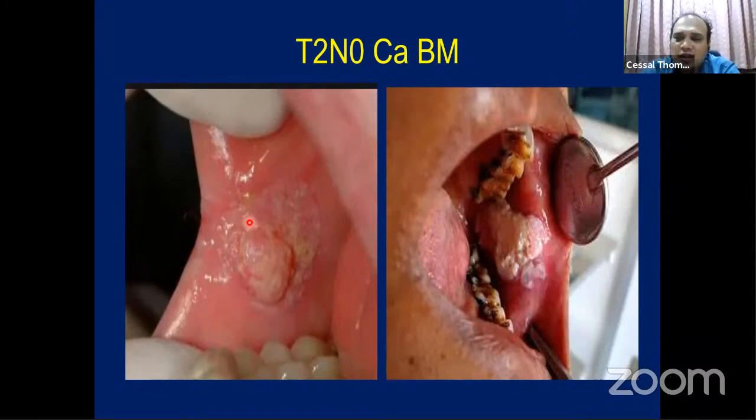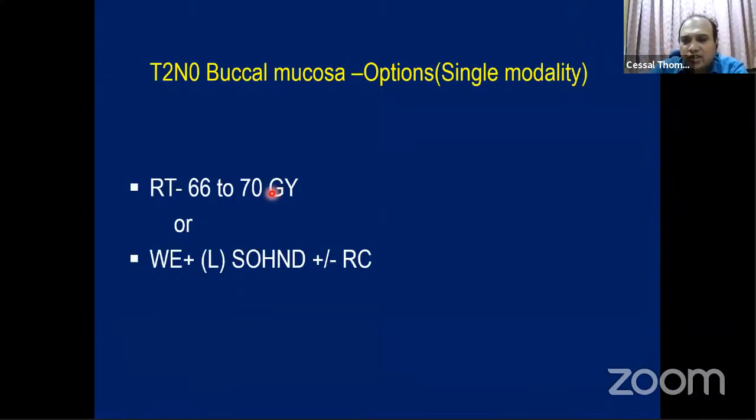Radiotherapy gives excellent locoregional control and good functional outcome, especially for tumors very close to the lip. And you can have wide excision plus a supraomohyoid dissection plus or minus reconstruction if required. For a T2 buccal mucosa, both options should be given to the patient, especially for exophytic tumors.